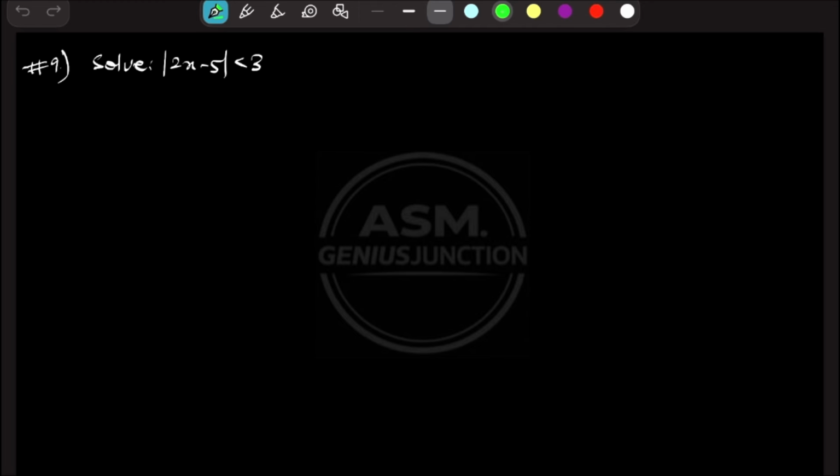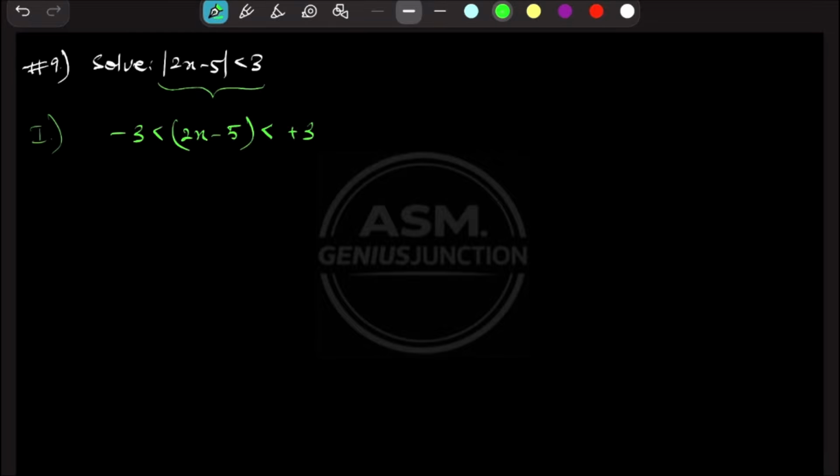When I solve this, I will use property number 1. Property number 1 says that the value of 2x minus 5 lies between plus 3 and minus 3.